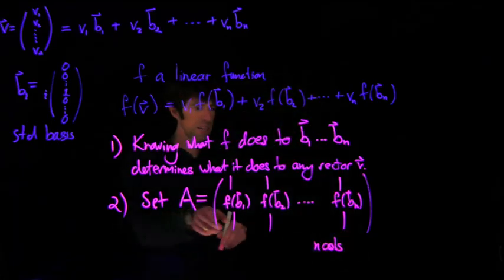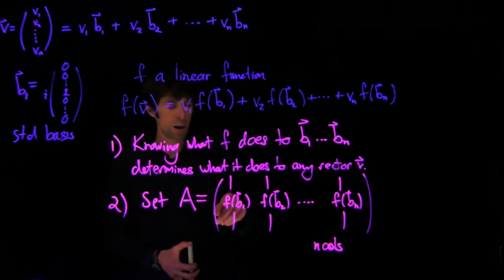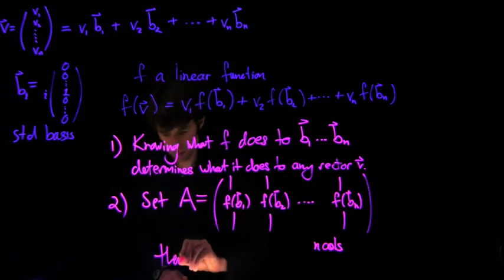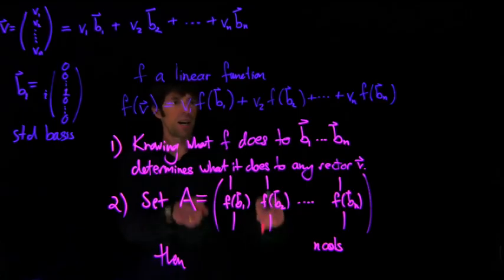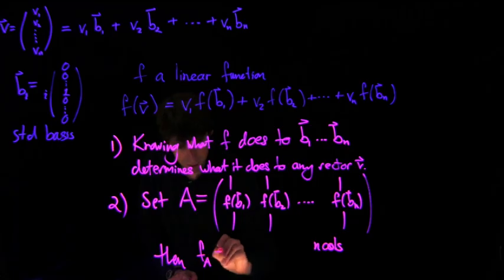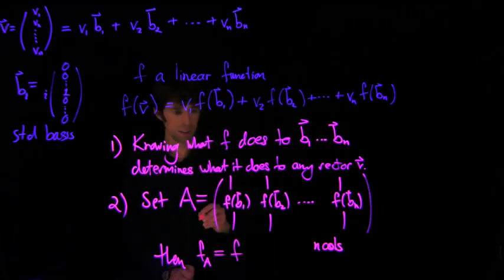If I create this matrix from the output of this linear function on the standard basis vectors, then plugging into this formula here, we see that the function associated to this matrix is exactly the linear map that we started with.